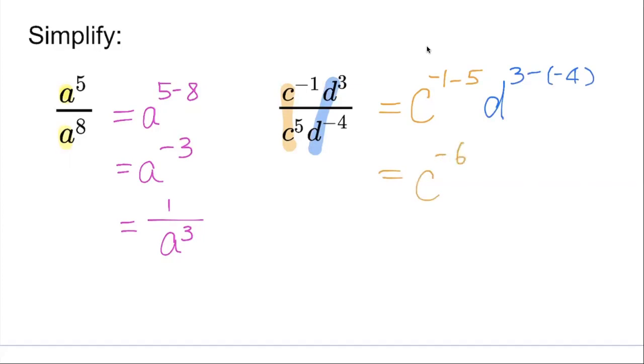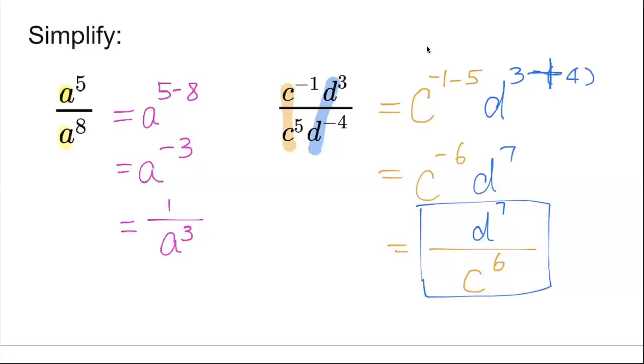And my d here, 3 minus negative 4 is really 3 plus 4, which is 7. We're almost done here, except we will need to move the c to the bottom because the c has a negative exponent, so it becomes c to the 6th power as a denominator, and my numerator is still d to the 7th because it's a positive exponent. So my answer is d to the 7th over c to the 6th power.